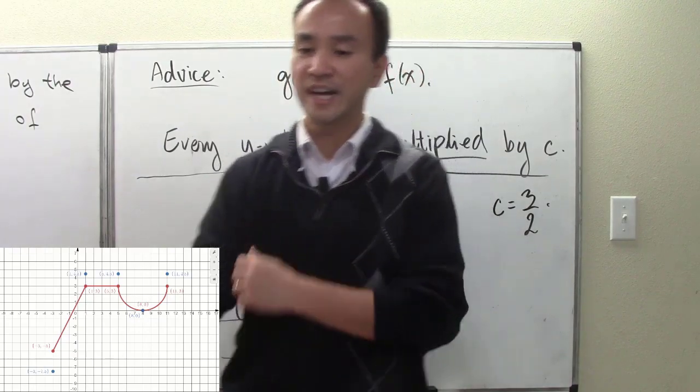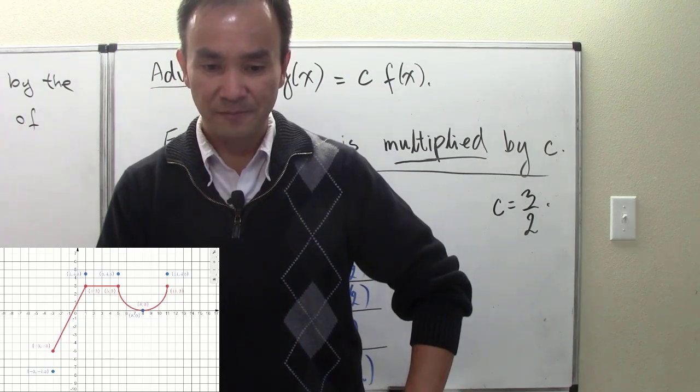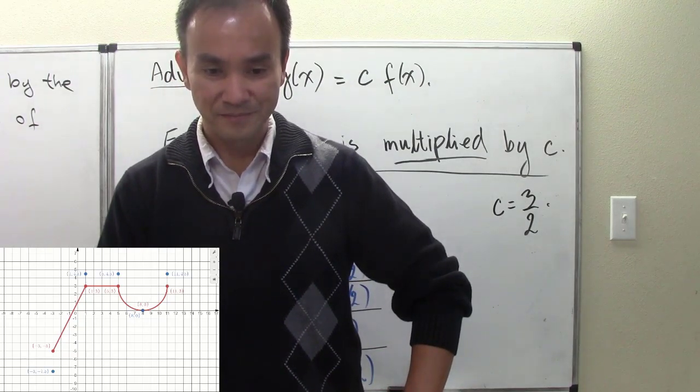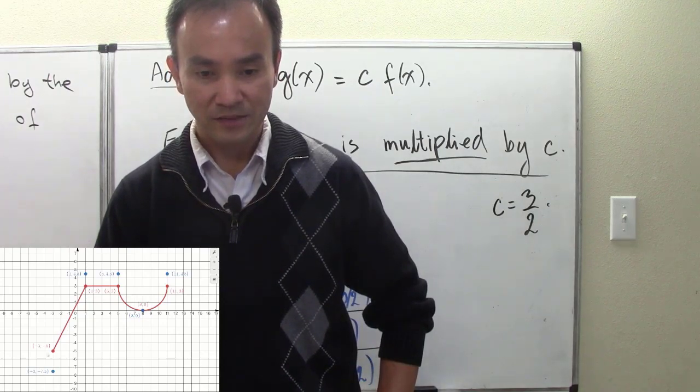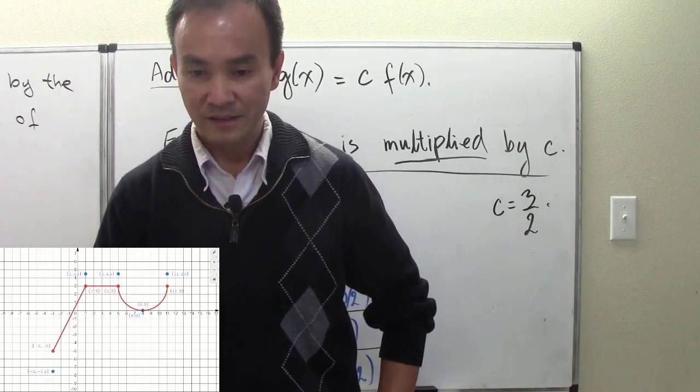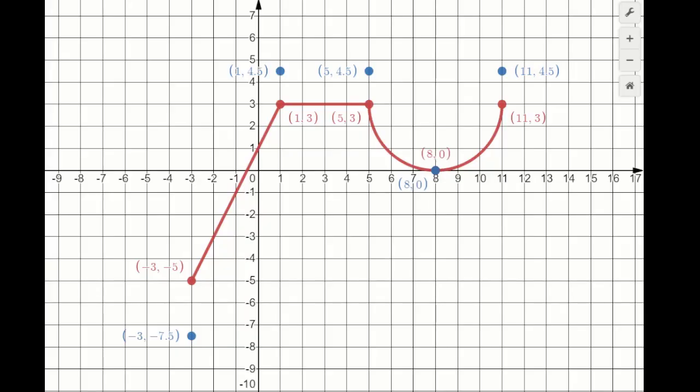Now let me show the actual graph. I'm going to put it in complete full screen view, and allow me to draw the graph as close to a hand sketch as possible.